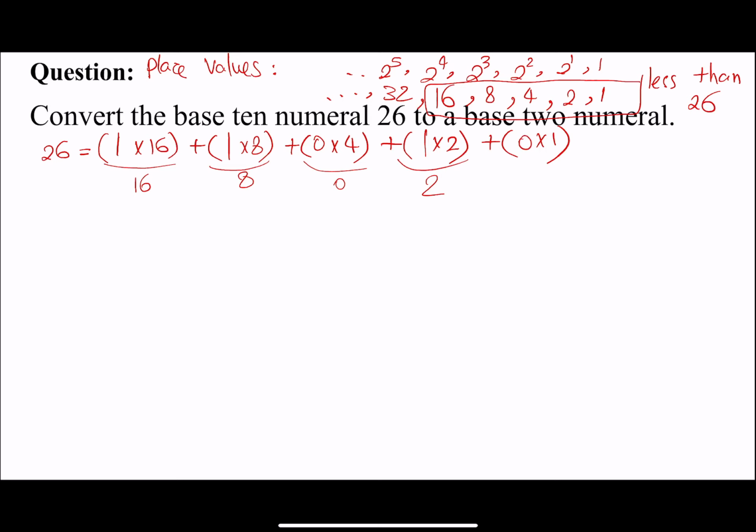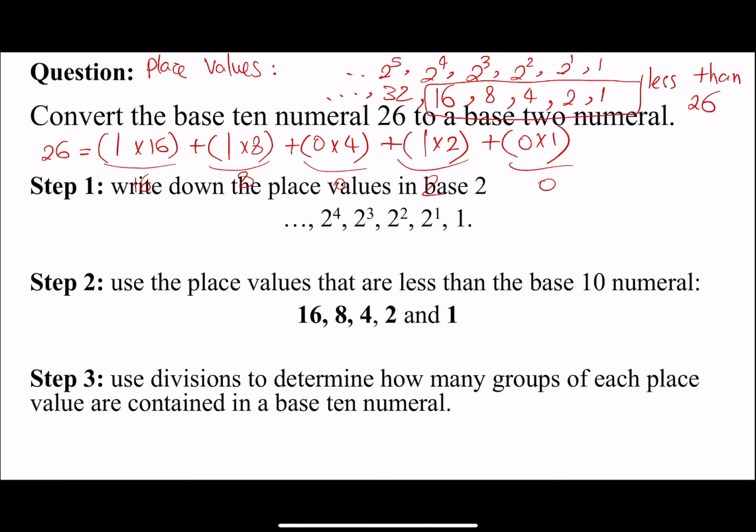Well, if it's hard to do it like that, I use division. Okay, I write down the place values. I choose the place values that are less than the numeral that we want to convert, and then I use division. Okay, let me write it down here.